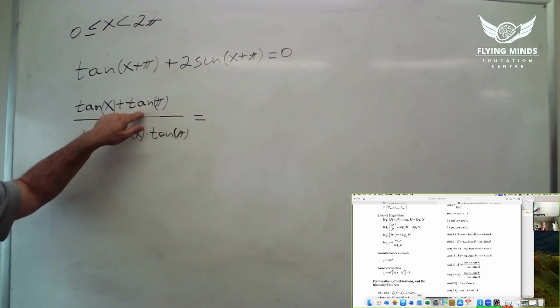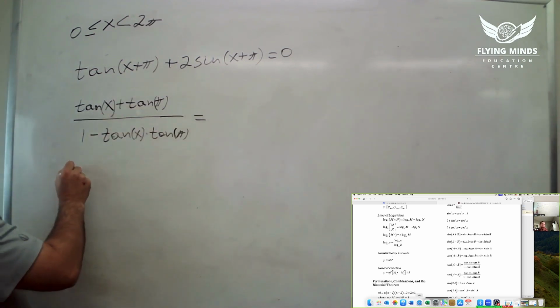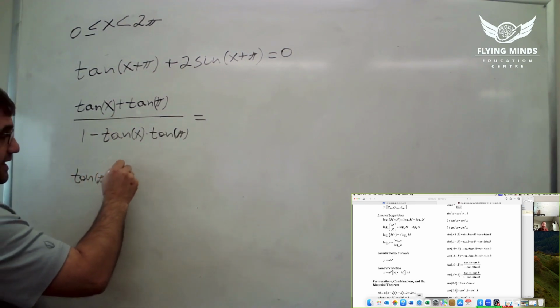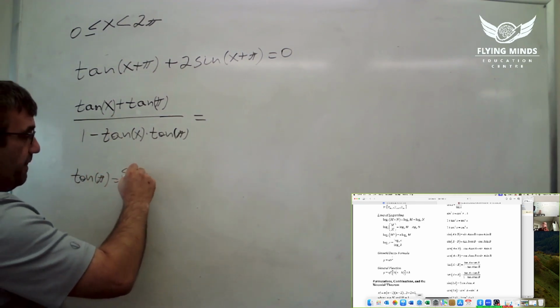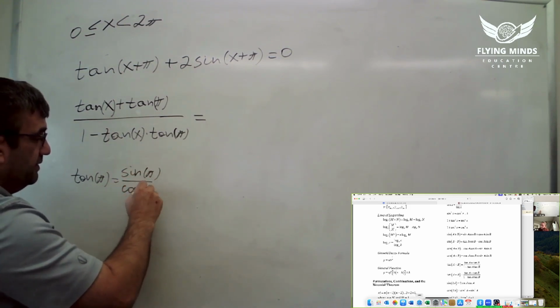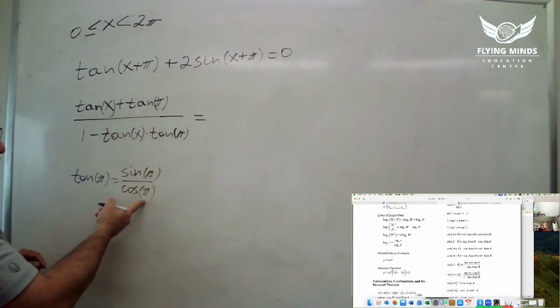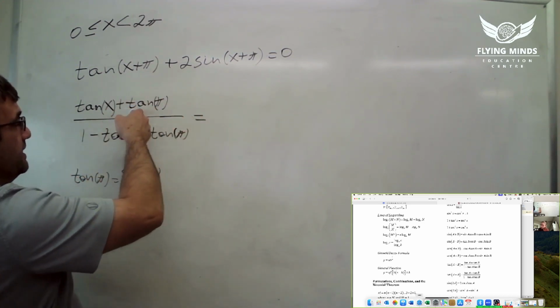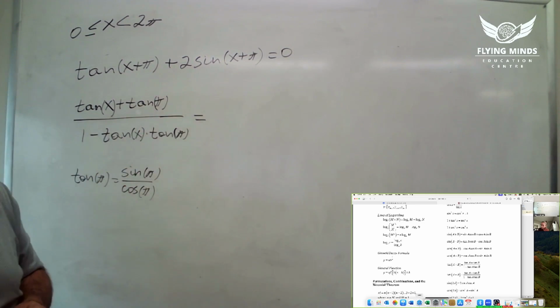It will be sine over cosine, right? Sine of pi is 0, so tangent of pi is sine of pi over cosine of pi. Cosine of pi is negative 1 and sine of pi is 0, so this term is 0. What happens in the denominator?